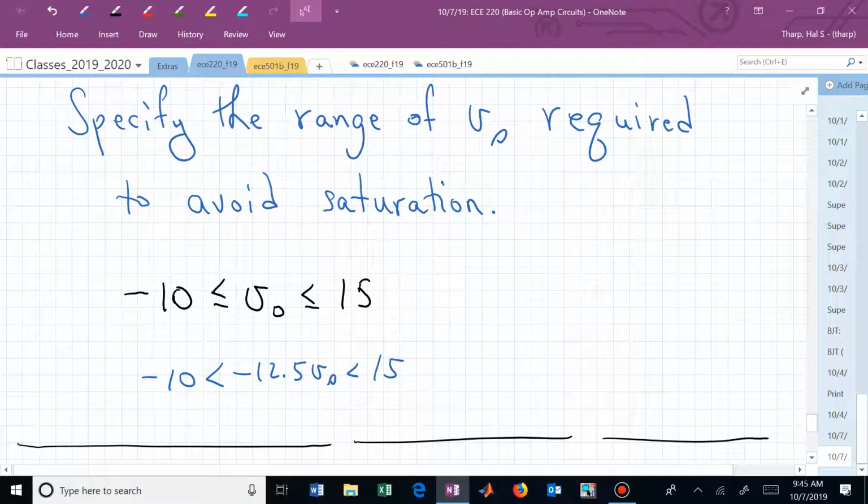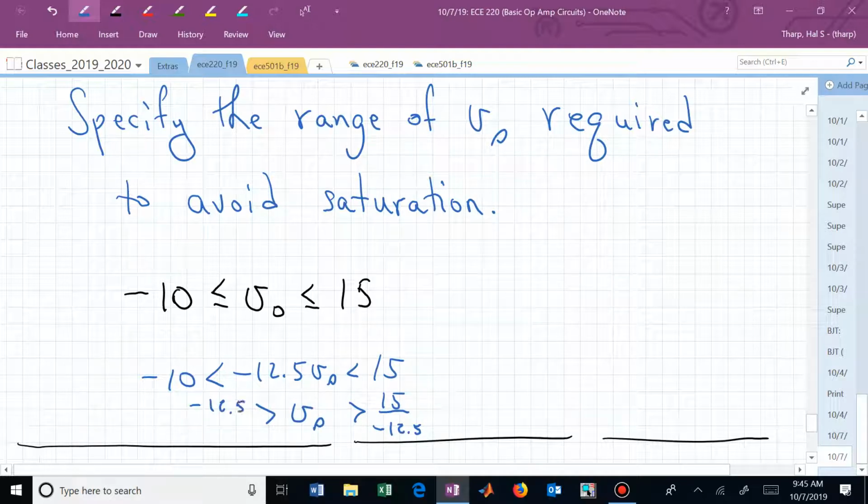We now say, this is going to be 15 over -12.5. (15) divided by -12.5 is now -1.2.